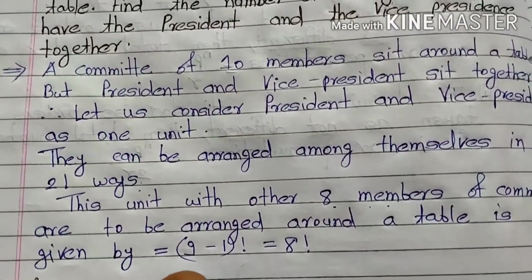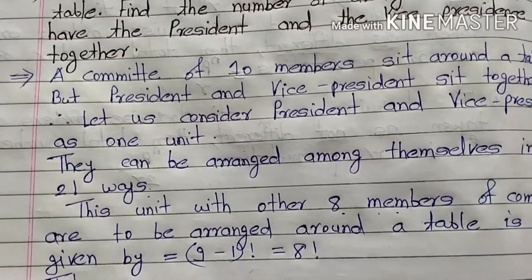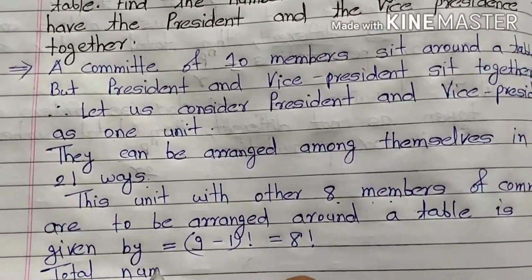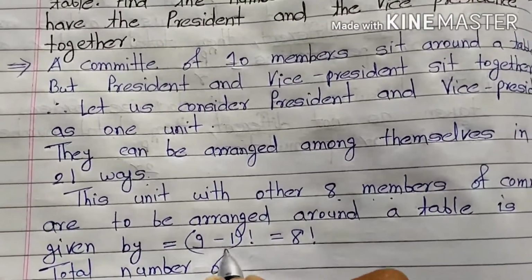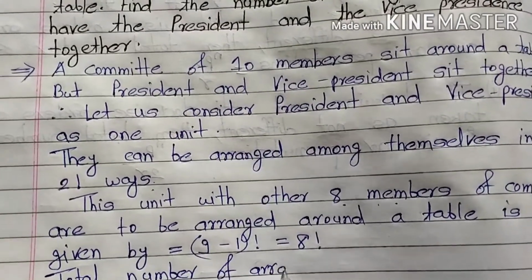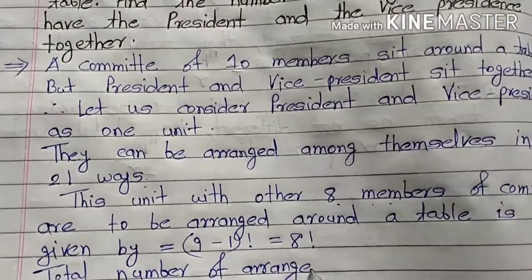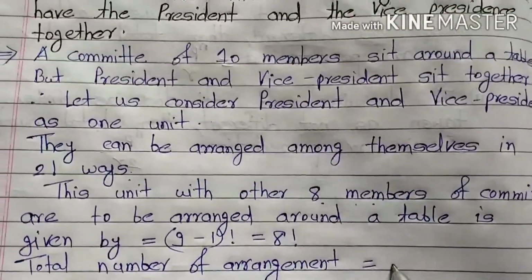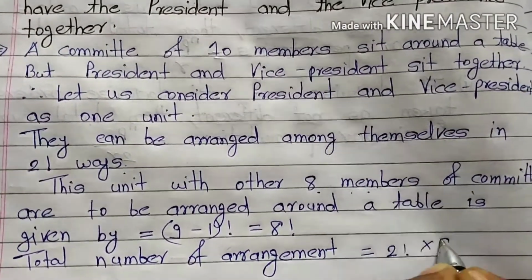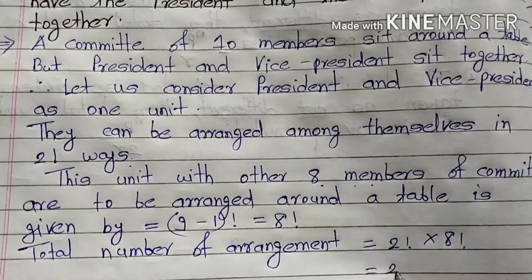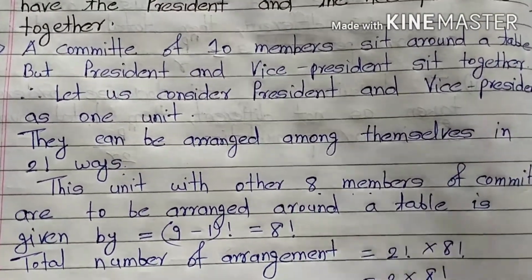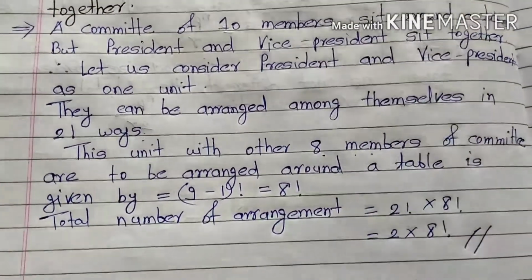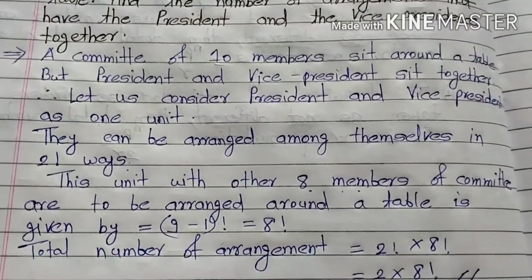So the total number of arrangements is equal to 2 factorial into 8 factorial. So that is 2 into 8 factorial. So this is our answer.